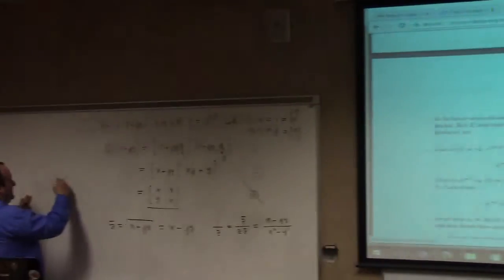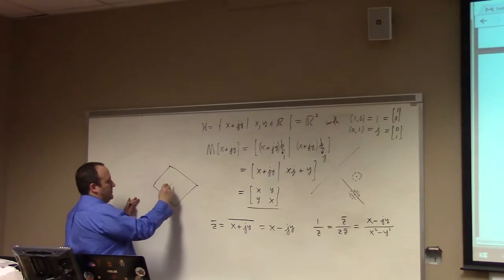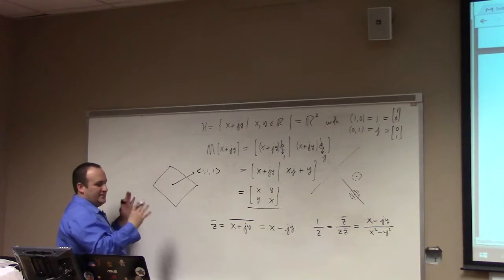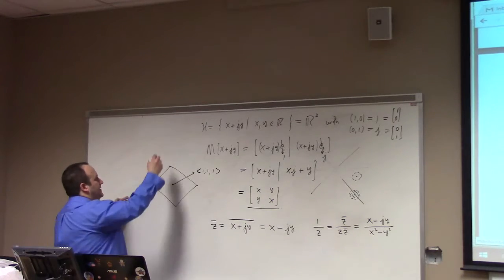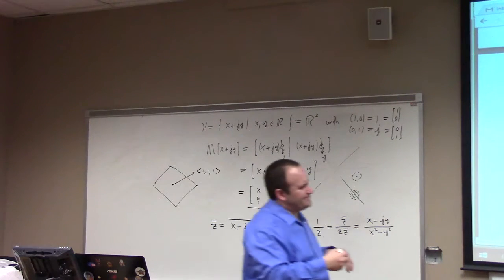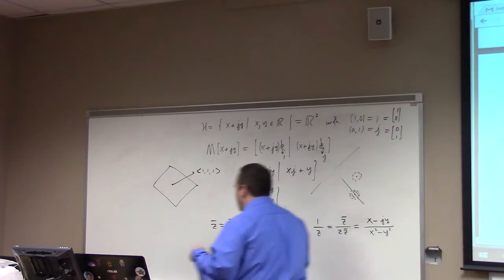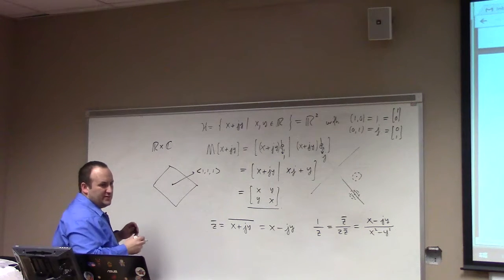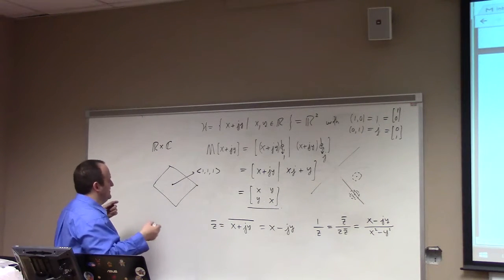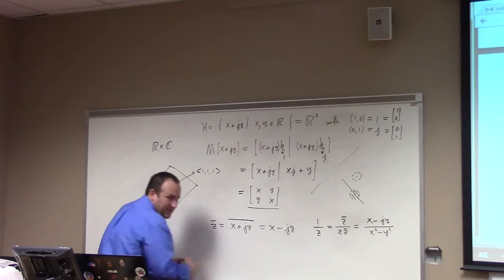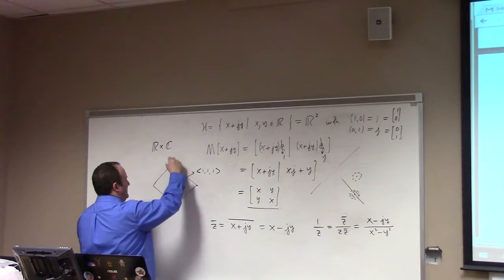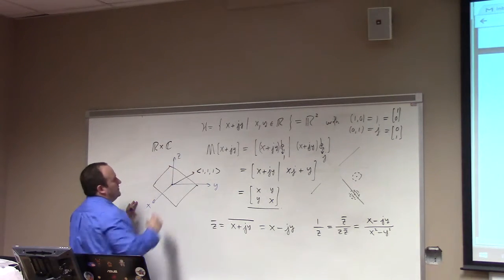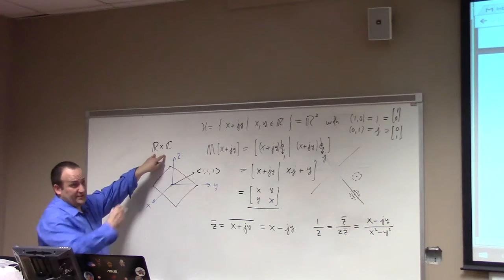So the plane with (1, 1, 1), and then let's try to simultaneously picture R cross C. If I'm so foolish as to try to draw both of these pictures at once, which is debatable, X, Y, Z, I'm using X, Y, Z for this guy.